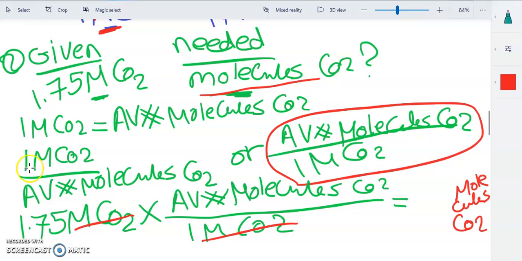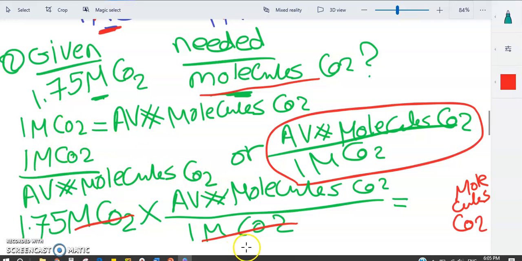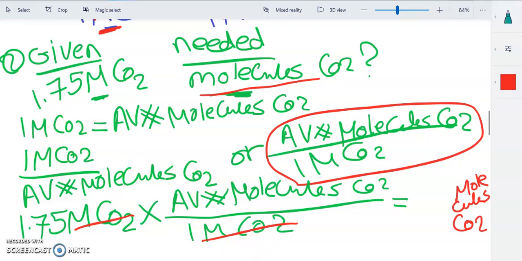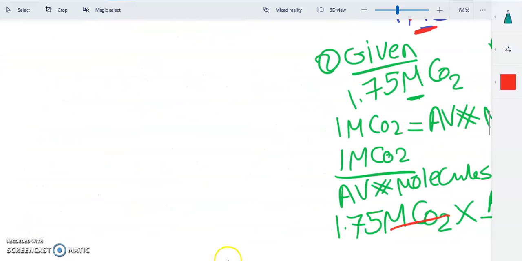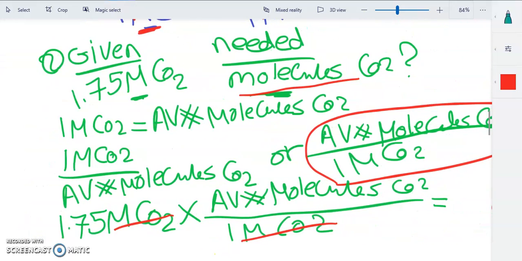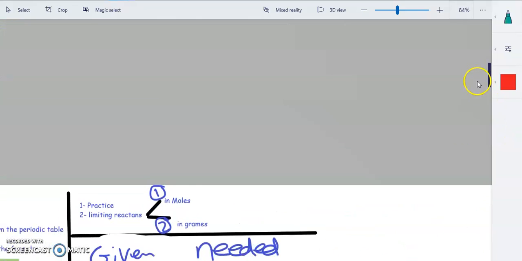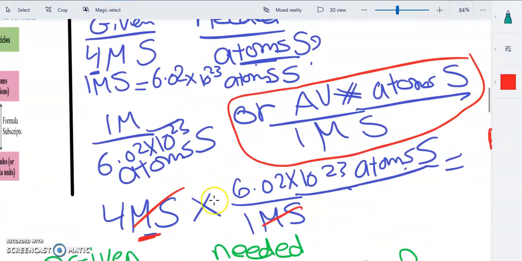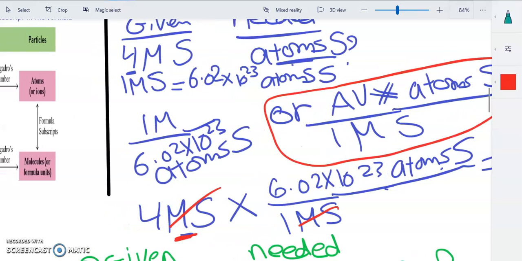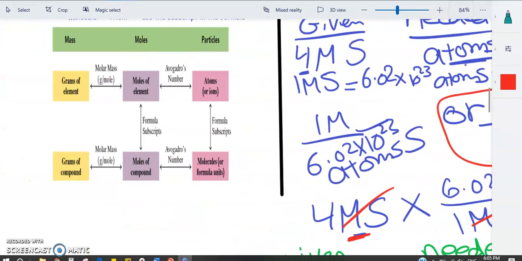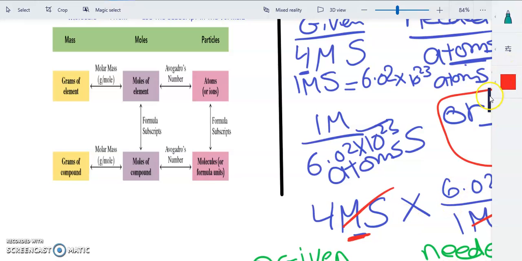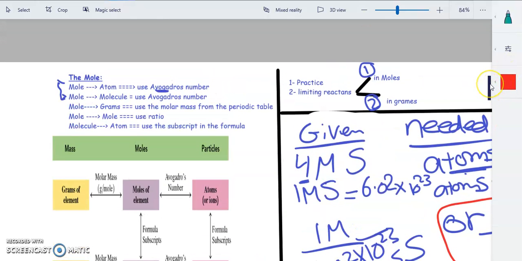So here we basically went over how to go from moles of CO2 to molecules, and also moles to atoms using Avogadro's number.